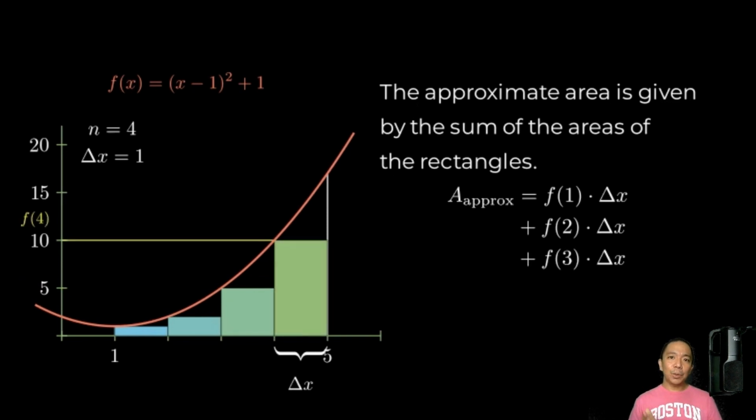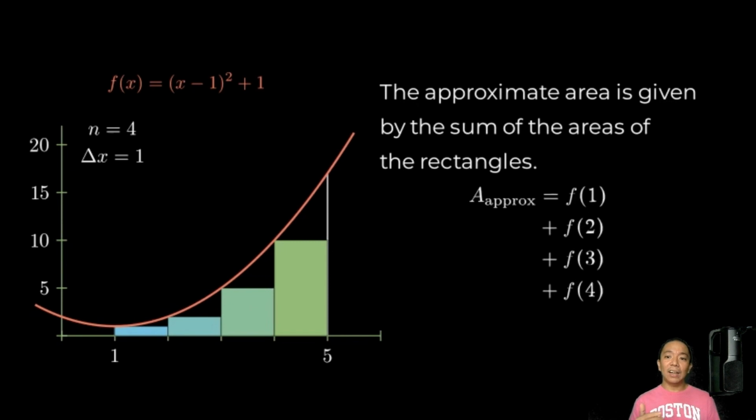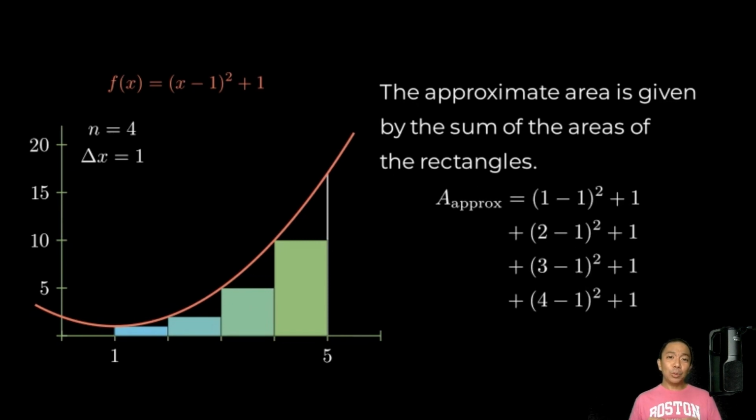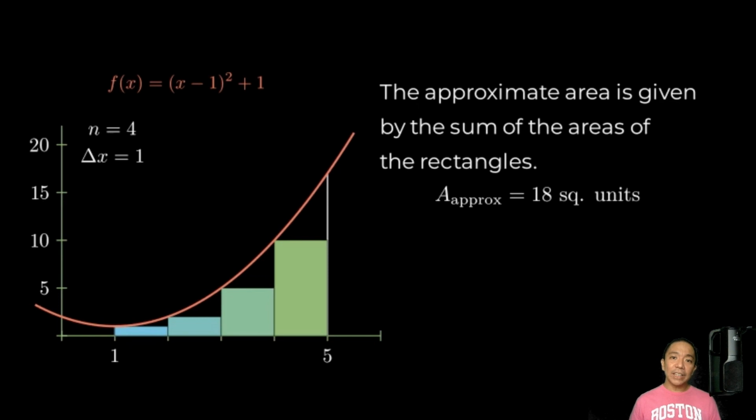Pero alam natin na yung delta x, lahat sila equal to 1. So, pwede natin na siyang ma-simplify at matanggal para f of 1 hanggang f of 4 na lang. Tapos we could evaluate yung f of 1 plus f of 2 plus f of 3 plus f of 4 kasi alam natin yung function, it's the quantity x minus 1 squared plus 1. So ito yun, yung result after plugging in. Evaluate that, and we'll get an approximation of 18 square units.